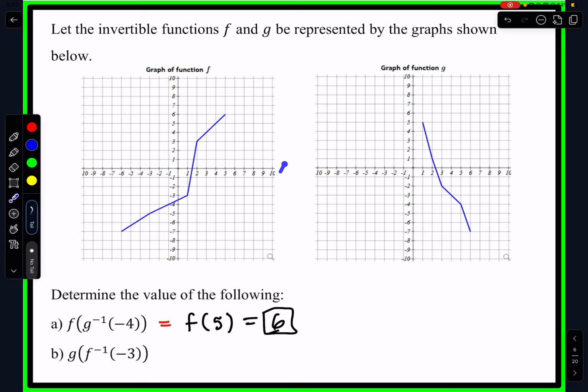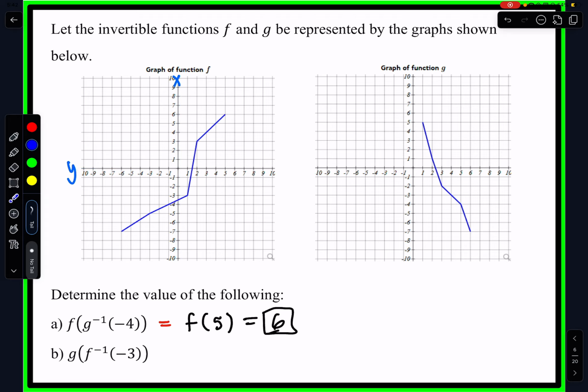So instead of thinking about this as x and y, instead let's think about this as this axis being the x and this axis being the y. So your x-axis, your y-axis.